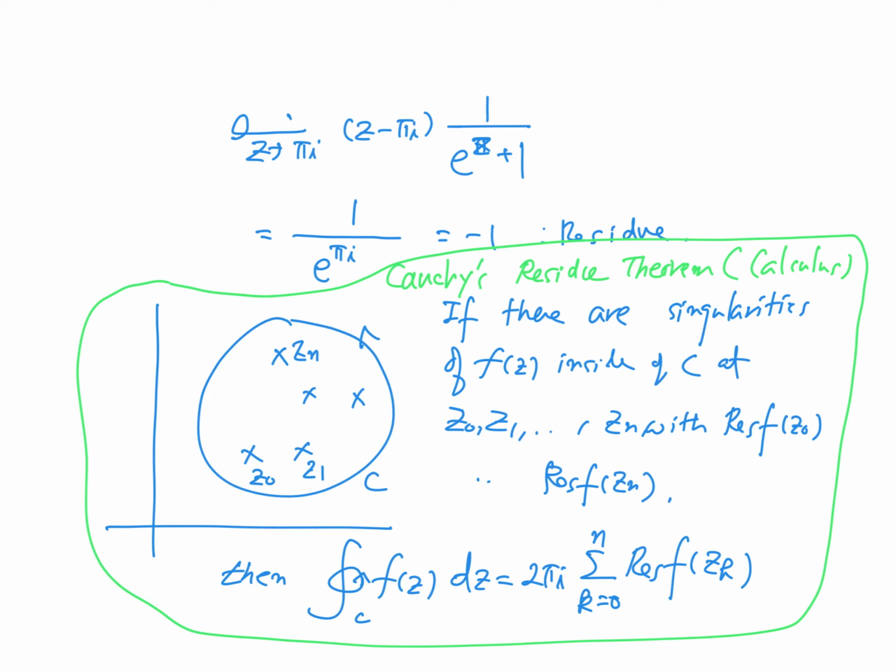So if we have a very complicated function, and if you are asked to integrate, then the only thing you need is to find the residue, and then sum over it, then you find the solution, the integral.